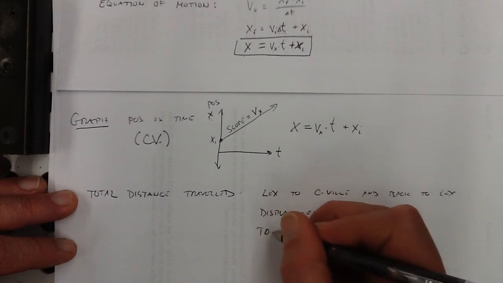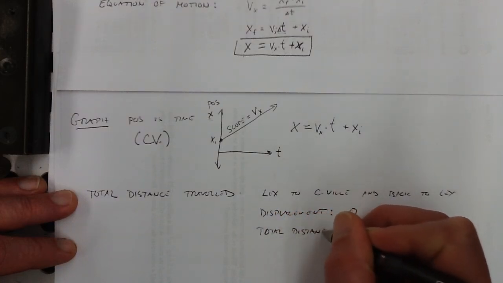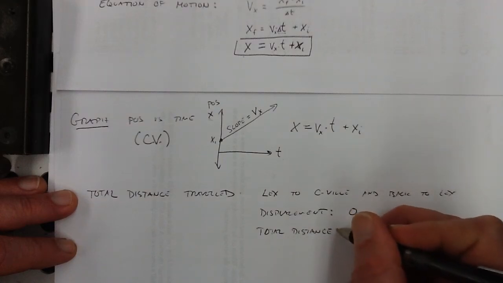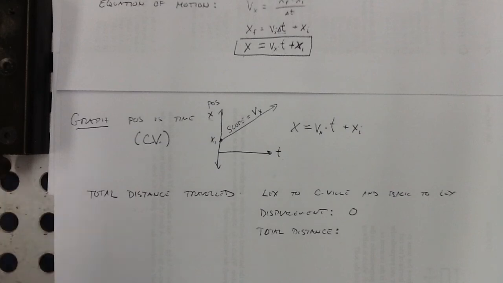What would your total distance be? Well, total distance just adds up all the positive legs of your journey. And just like back to the car again, your odometer, which is the little thing that keeps track of how many miles your car has ever driven, keeps ticking upward always, regardless of what direction you're going.